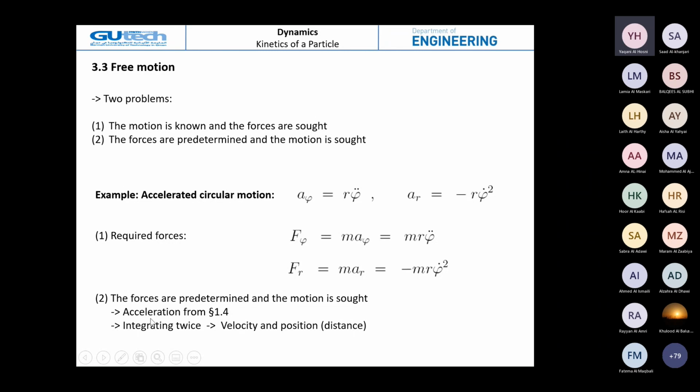The acceleration comes from what we have seen in part one. Look at the slides, what we underlined in yellow color and the frame, integrating twice to get the velocity and the position, or the distance.